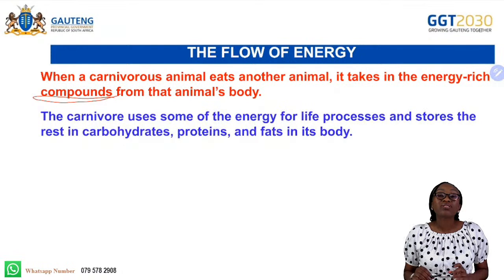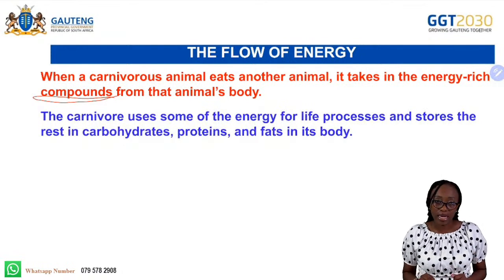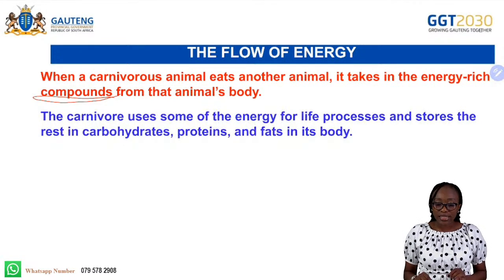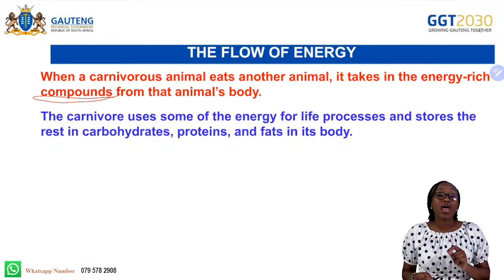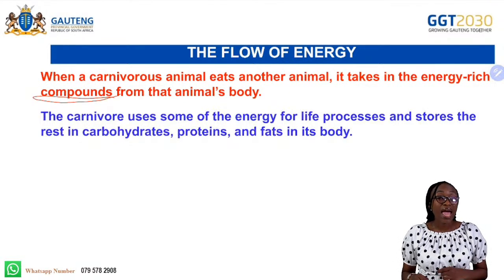Now, what happens next after devouring the herbivore? The carnivore uses some of the energy for life processes. It is a living organism. It needs to go through the life processes, and those life processes are driven by energy. They require energy.